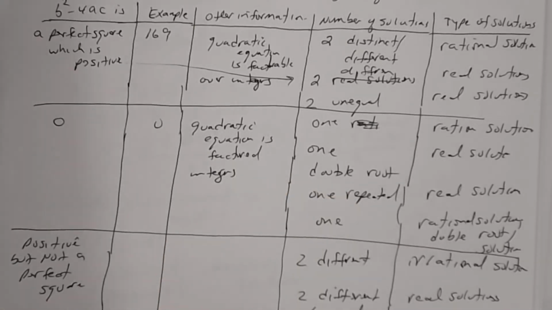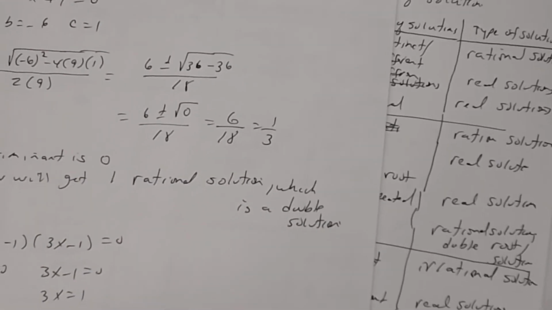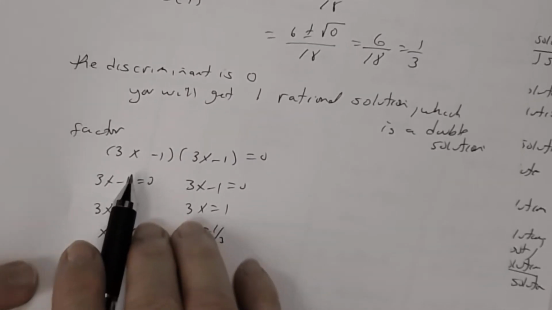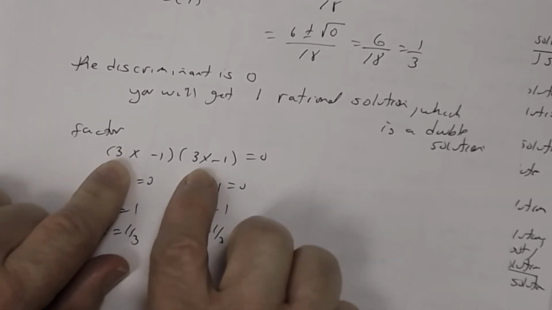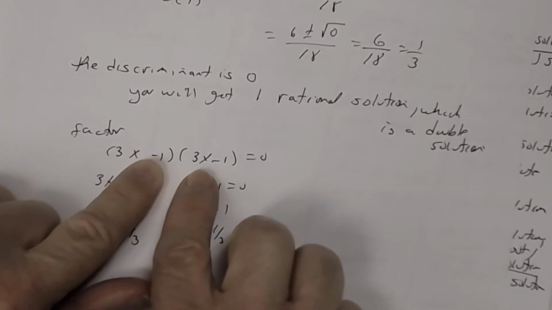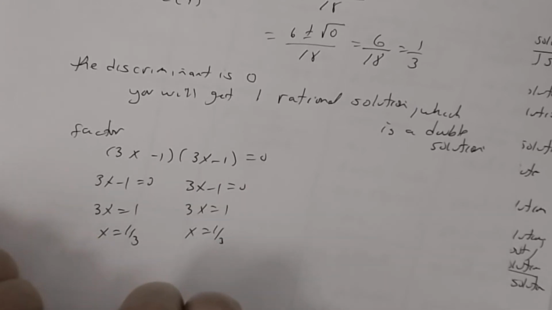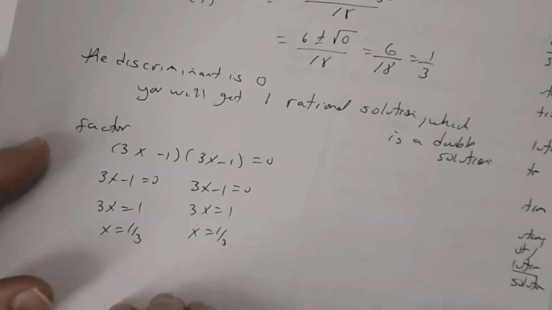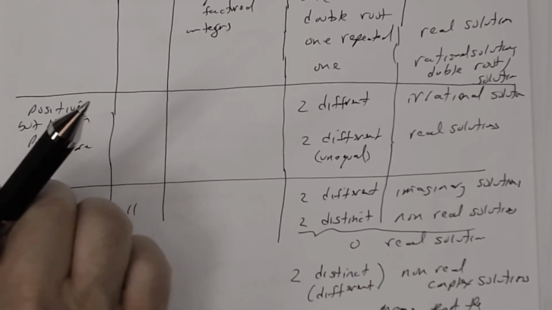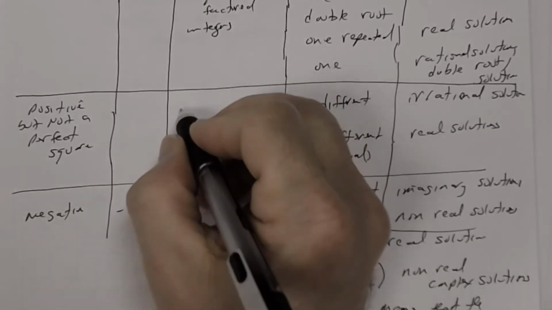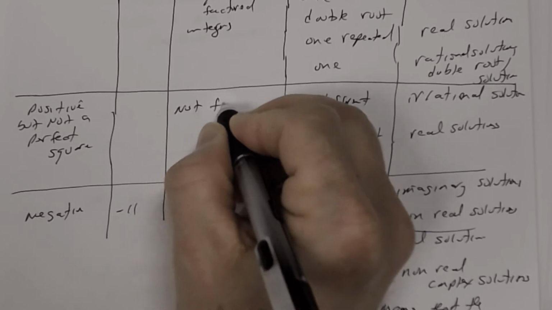Okay, meaning this, when I factored this, notice that 3 is an integer, negative 1's an integer, 3 is an integer, negative 1's an integer. That's what that means. Okay? If it's positive but not a perfect square, then it's not factorable over the integers.